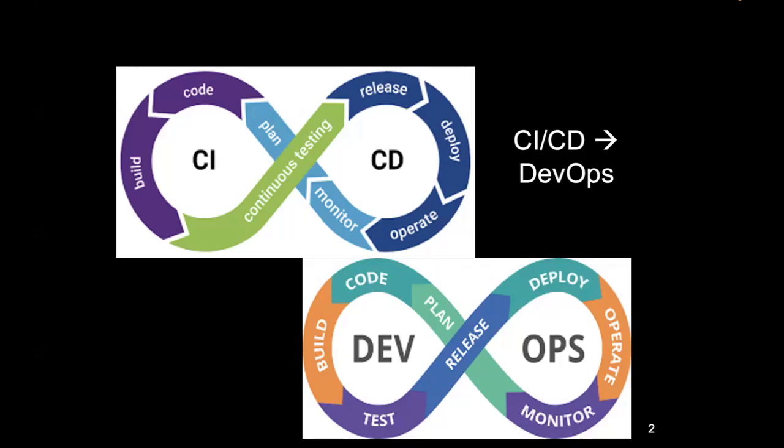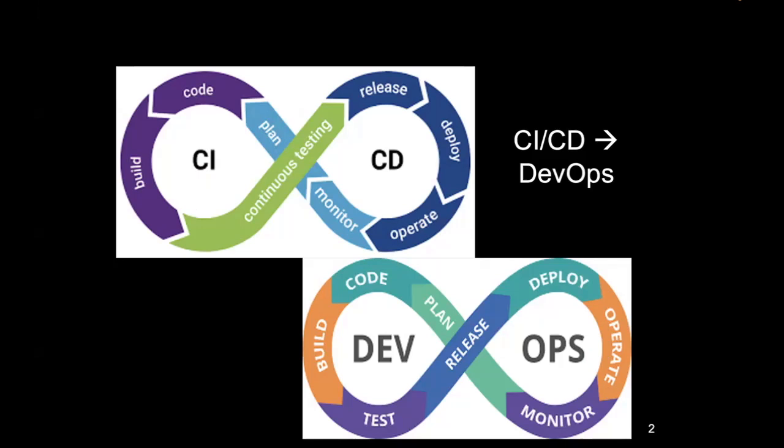Although people would argue that DevOps puts a slightly stronger emphasis on what's happening over here, whereas CI/CD was mainly focused on getting features out into the production version of an application as quickly as possible.